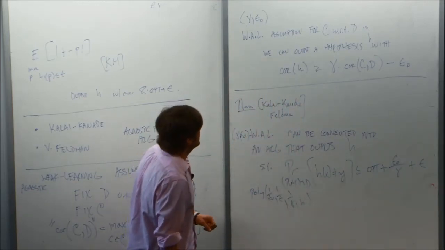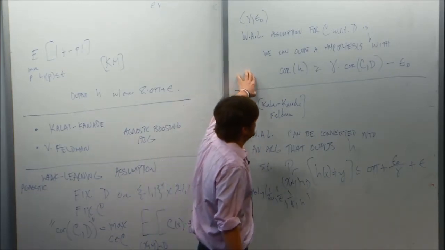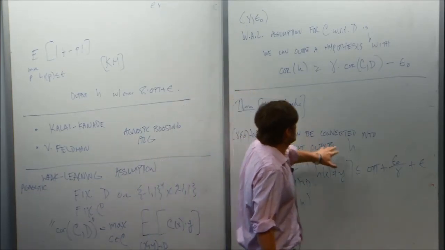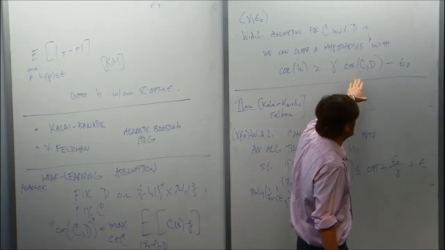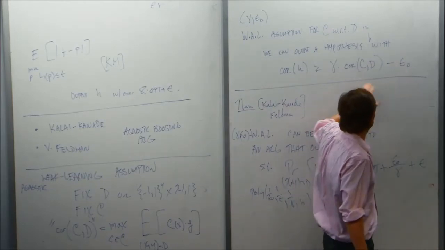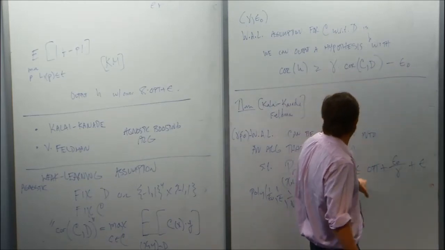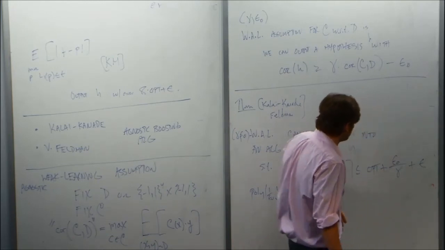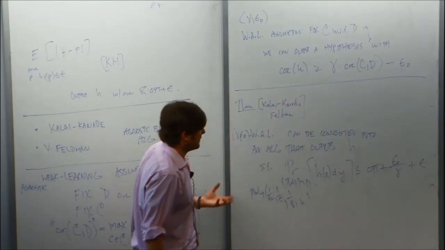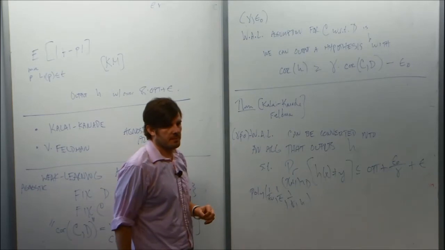Okay, so given the weak learning assumption of this nature, assuming that the weak learner is able to make epsilon 0 smaller than gamma, you can really get a very strong hypothesis that works opt plus epsilon 0 over gamma plus epsilon.